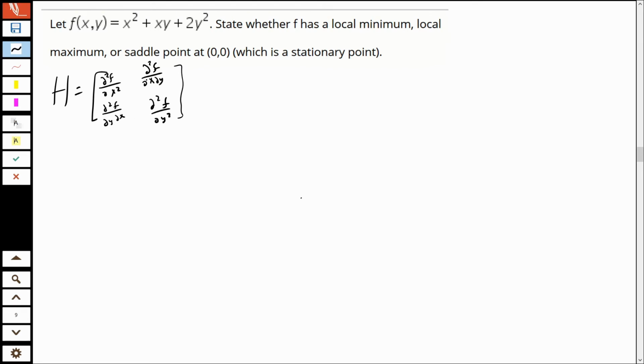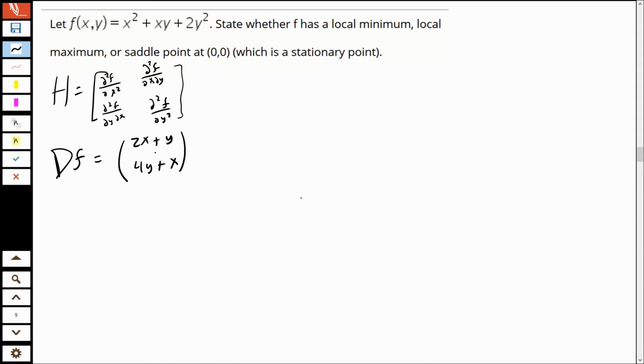Okay, to compute these, I should first compute the gradient, so I have the derivatives. It's going to be 2x plus y on top, and 4y plus x on the bottom.